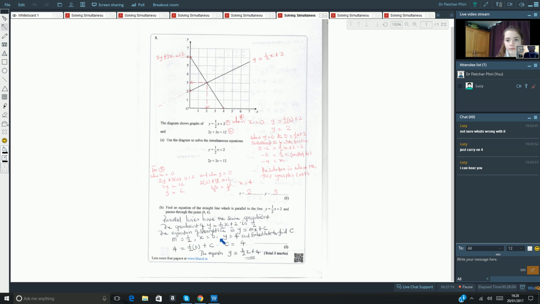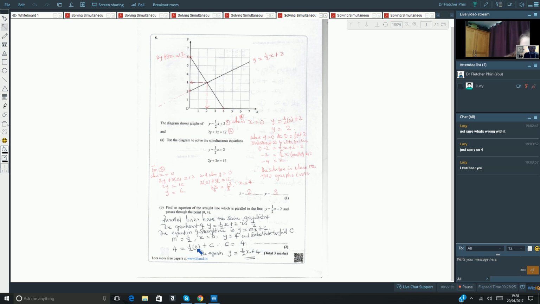So m is half, x is 0, y is equal to 4. Where do I get this from? I'm getting x equal to 0 from this point here. At this point, the first value is for x, and the second value is for y. So that's where I got this from.